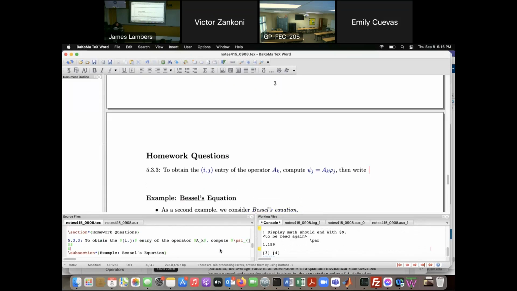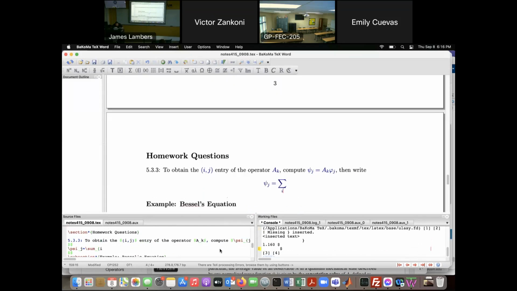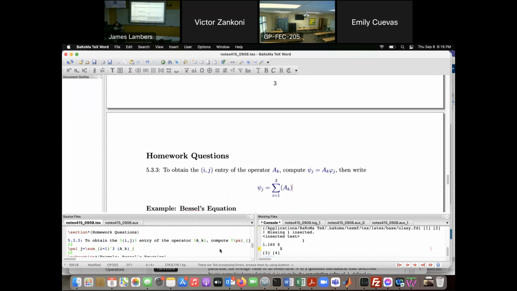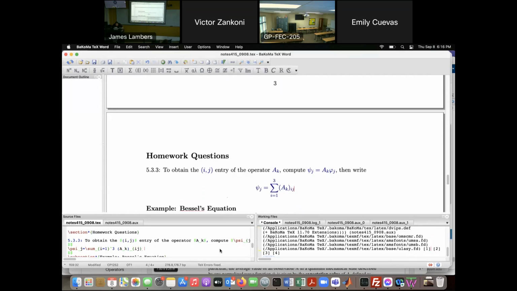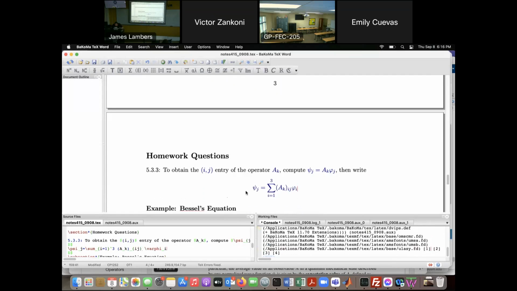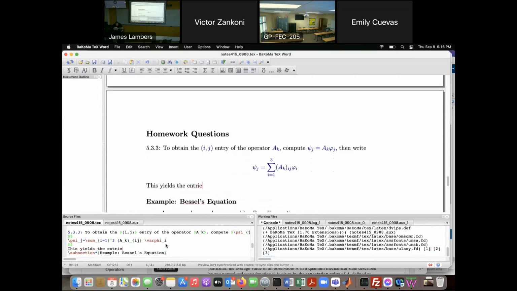And then you write the following. Psi j is equal to a linear combination, okay, of column J in the matrix for the operator AK.